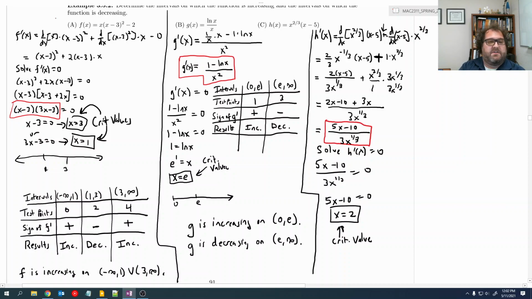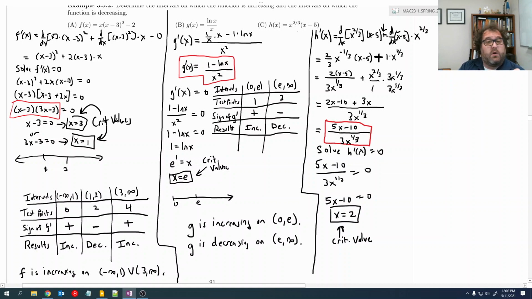Okay, what do you notice about the domain of the derivative compared to the domain of the original function h? What is not in the domain of h prime? 0. Okay, 0 cannot go in the denominator. Division by 0 is undefined. But is 0 in the domain of the original function? That's the question. And the answer is yes.